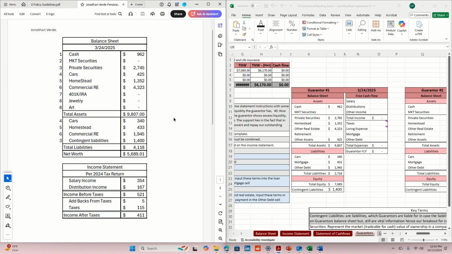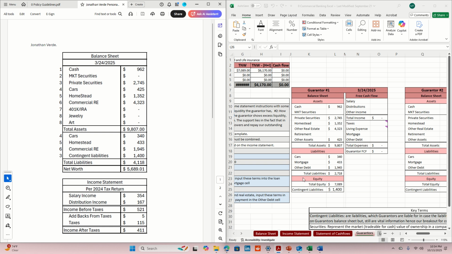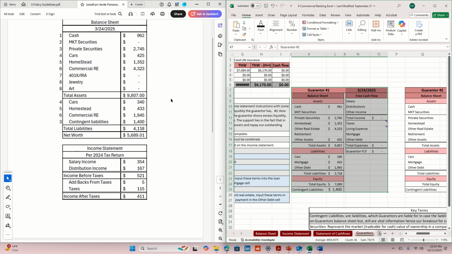You might also be wondering, where in the world did you get that number of contingent liabilities, and why is their total liabilities different on the guarantor one that you just filled out compared to the guarantor one that's over here? Well, the reason why is because contingent liabilities are liabilities that you only have to repay in case of someone else's default.